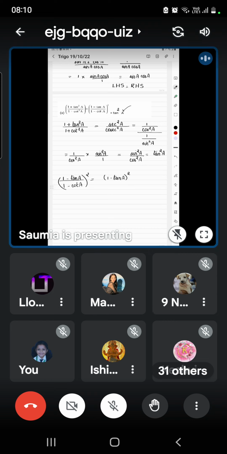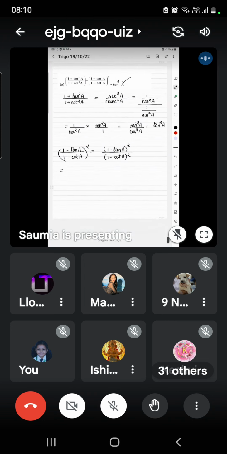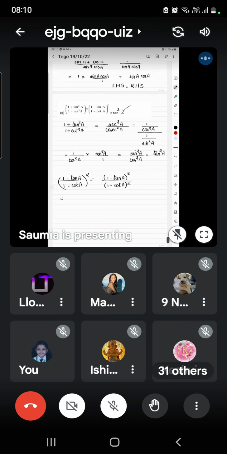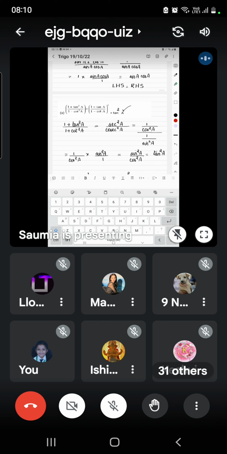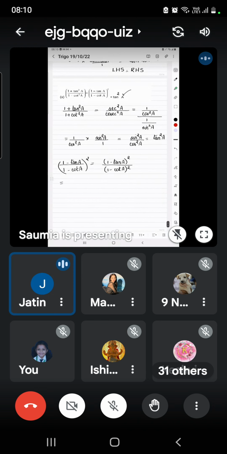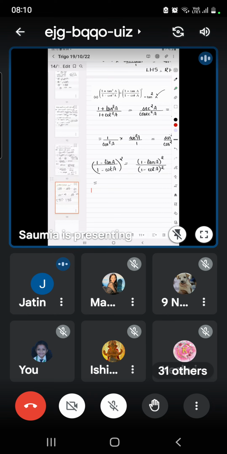Yes. Separately square the numerator and the denominator. Which identity will you use to square the numerator? A minus B the whole square. Yes. Otherwise we can write cot as 1 by tan. Yes, you can.